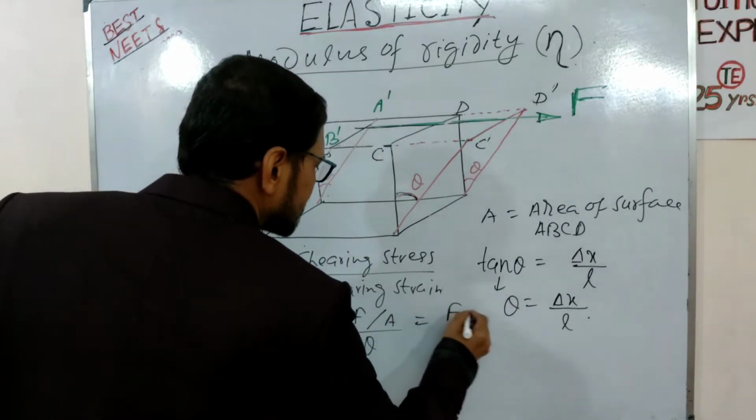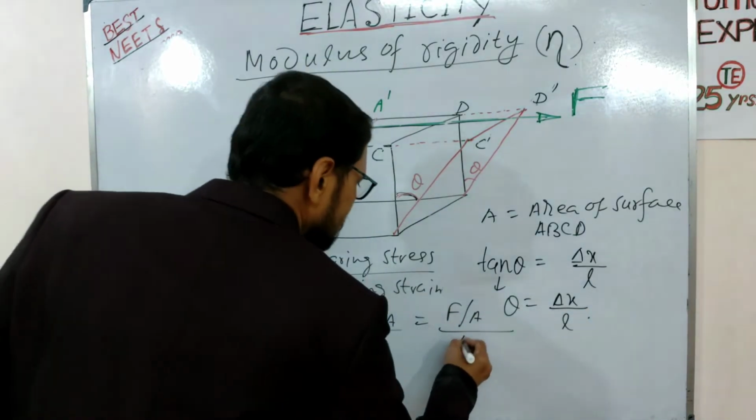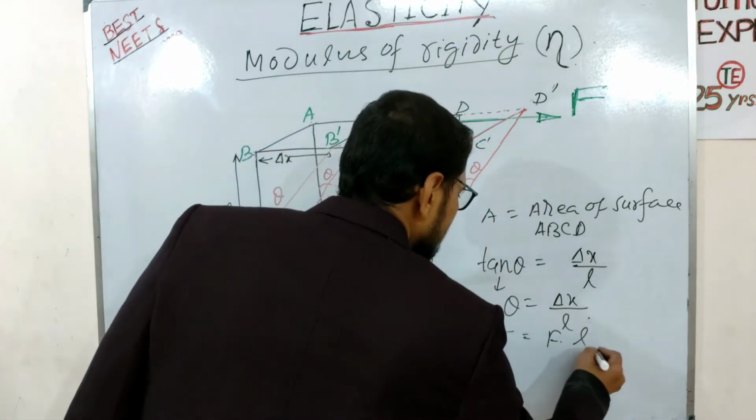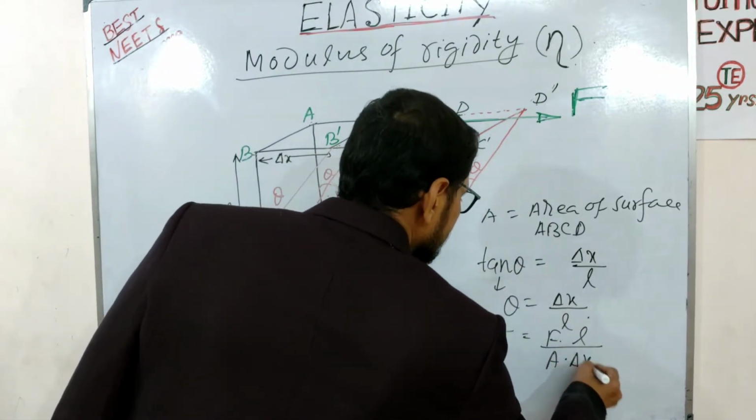For theta we write del x by L, so this is F L by A into del x.